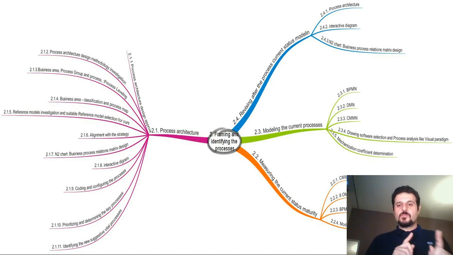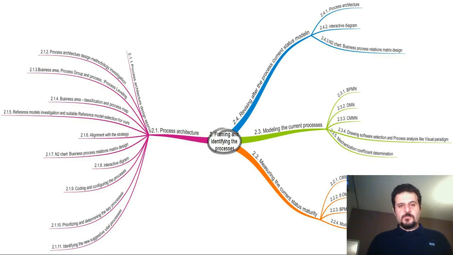You can use a configuration management standard to design this configuration. And after that, you should prioritize the processes. You identify, for example, 300 processes. Which processes should be the first for starting to establish or improve processes?